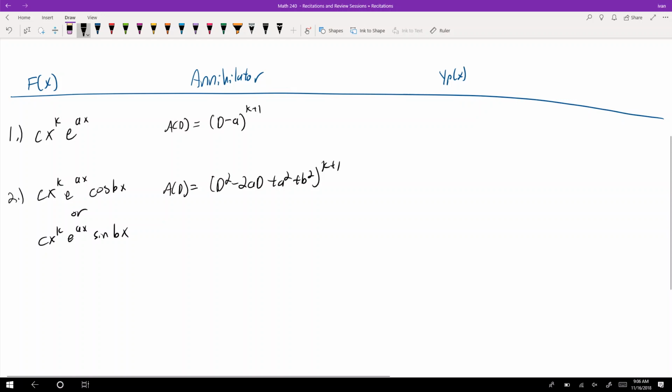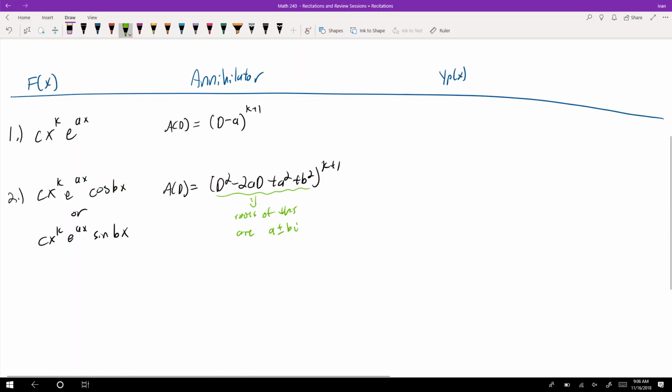Okay. And the reason why we have this is because you can think of the roots of this equation are a plus or minus bi, right? Which is exactly what we need to kill this guy over here. So that's how we do that.